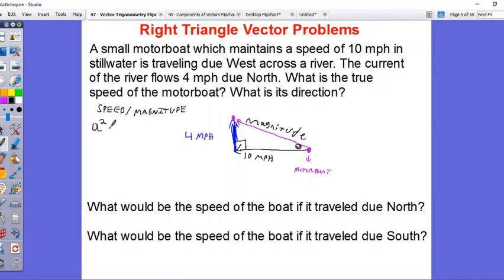A squared plus b squared is equal to our speed squared. 10 squared plus 4 squared is equal to our speed squared. So 10 squared is 100, 4 squared is 16. 116 is equal to our speed squared.